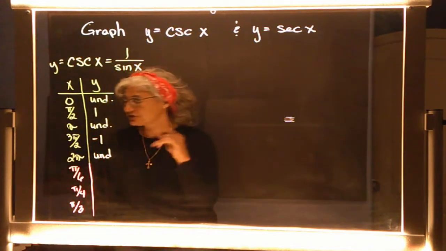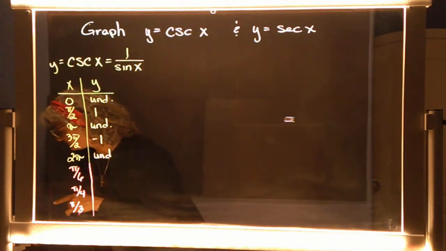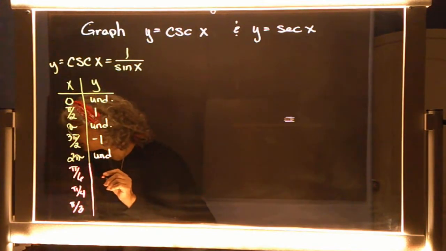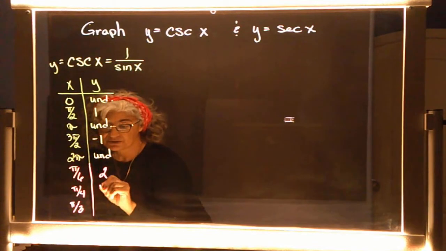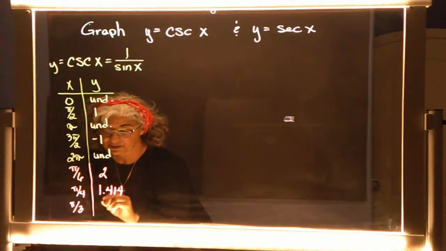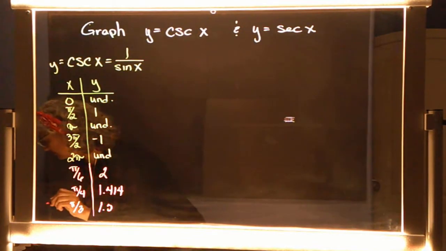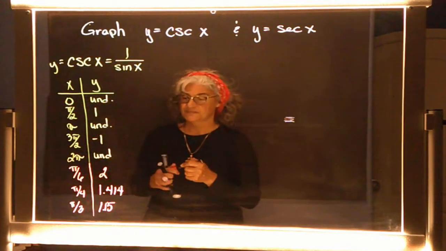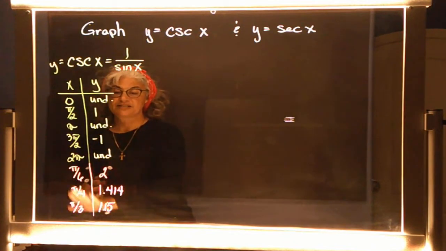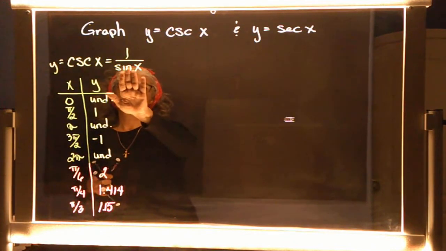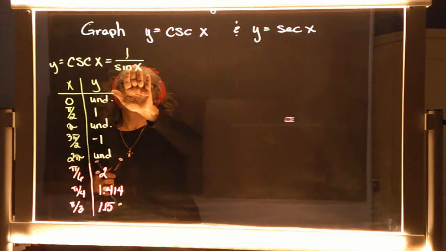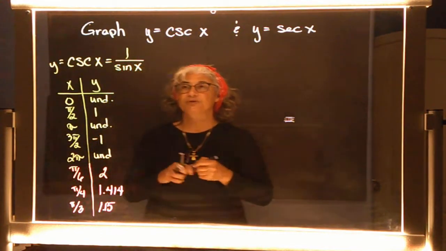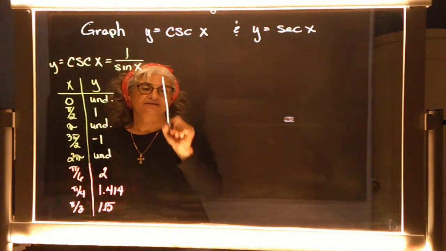You verify and make sure you agree. For cosecant, I got 2, 1.414, and about 1.15. When I plugged in these three radian measurements to x, took the sine of them and then took the reciprocal, these were my values. Hopefully we agree.